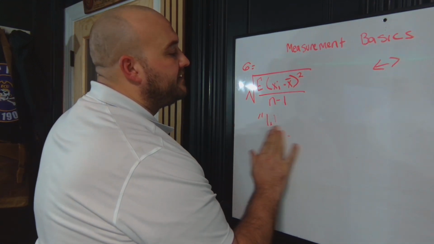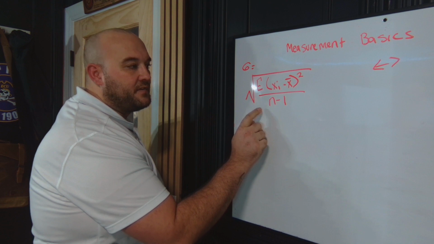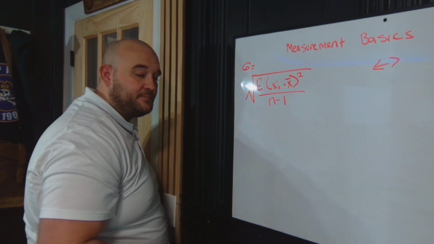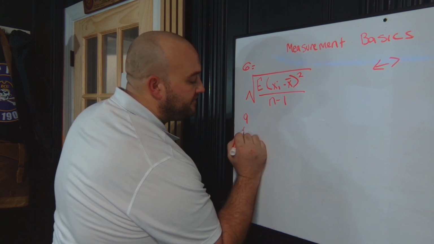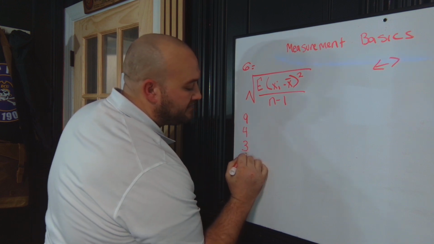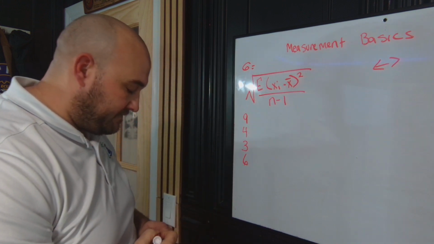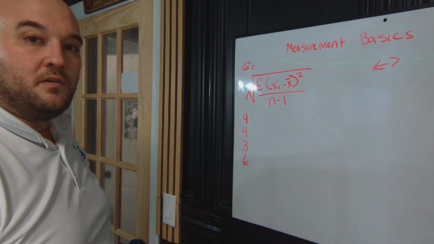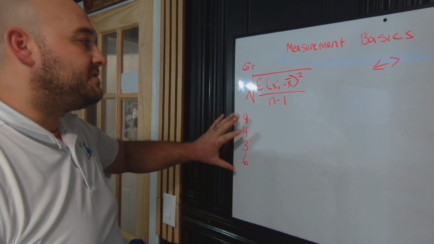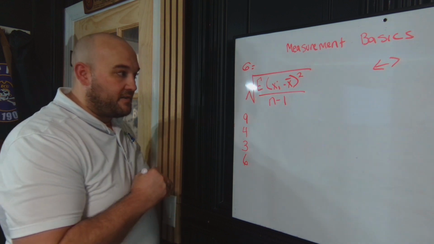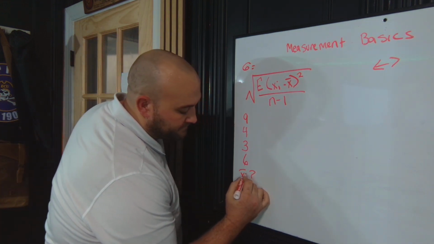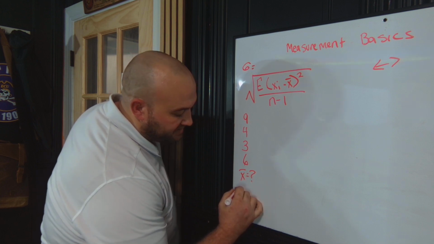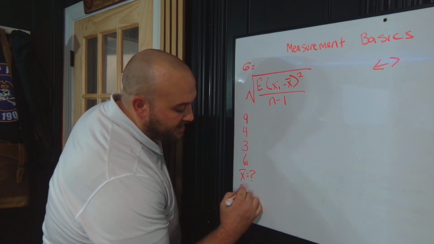So let's look at this example real fast. We're going to use this formula still, but I have these numbers 9, 4, 3, and 6. The easiest way to solve this is to start with your variables. What's your x bar? What's your n?